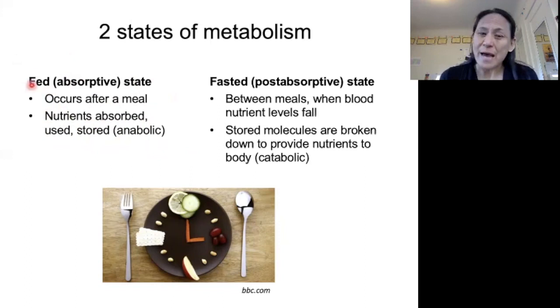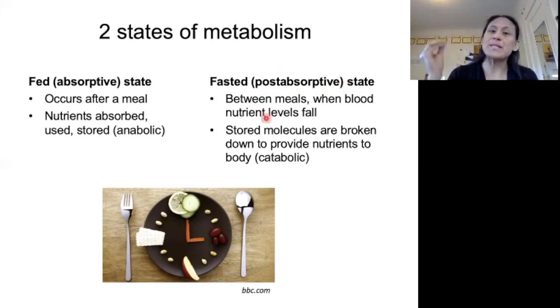Our other state of metabolism is the fasted state, or the post-absorptive state. This is going to be between meals when blood nutrient levels fall. Since it's been a while since we've absorbed nutrients, our blood nutrient levels fall.